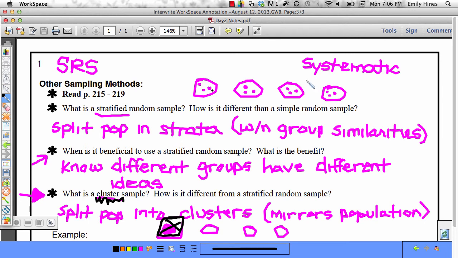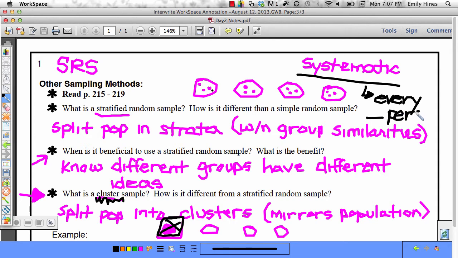The non-AP topic is systematic. Systematic is very helpful just because it's easy. For a systematic sample, you stand in one place where a lot of people are bound to walk through, or you look at your list of people to talk to or things to observe, and you say, I'm going to ask every blank person.